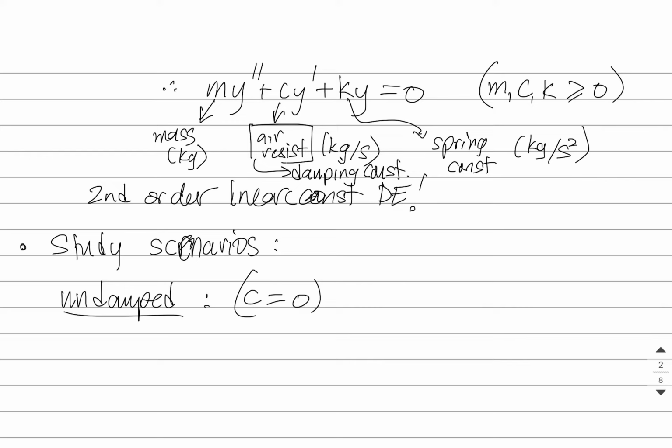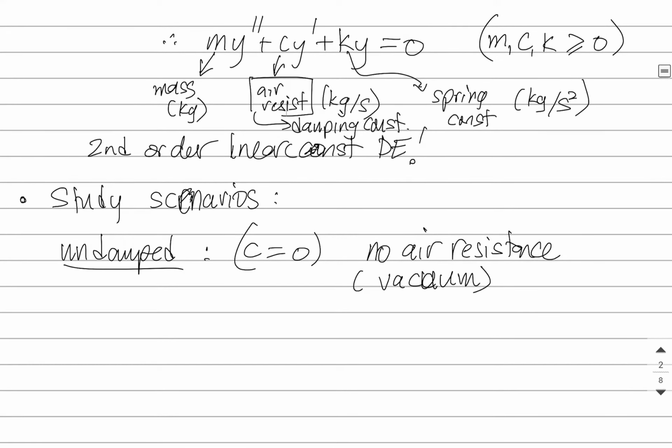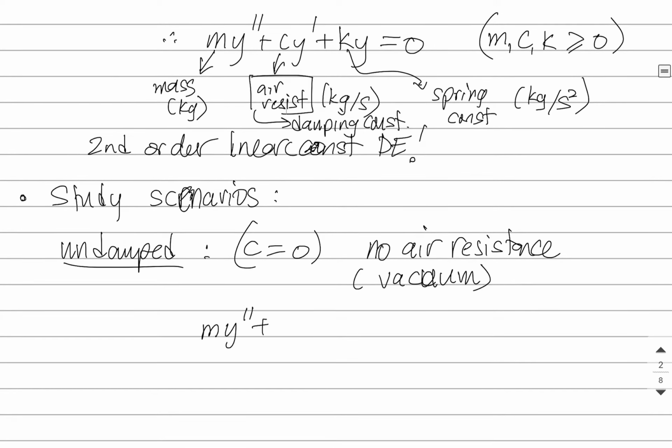So air resistance, or perhaps if you're in water or honey or something like this. So in this case, there would be no air resistance. Now, unless you are in a vacuum, that condition isn't very realistic. But nonetheless, it's a good place to start because it helps us build up the sophistication of our model.